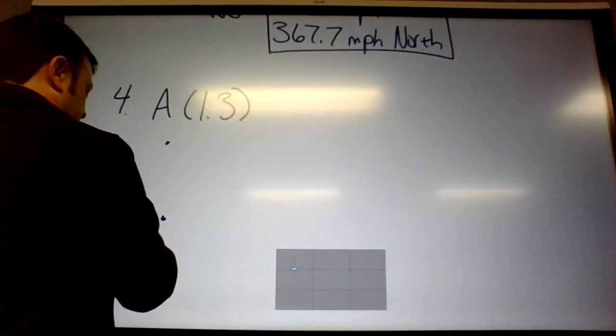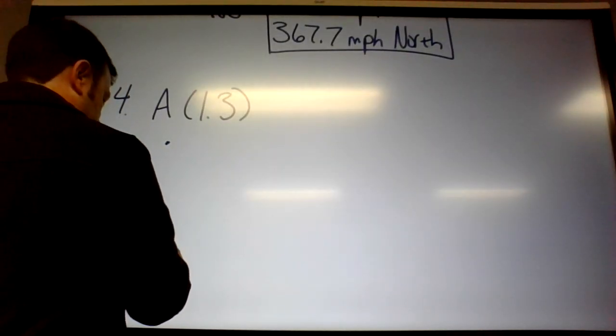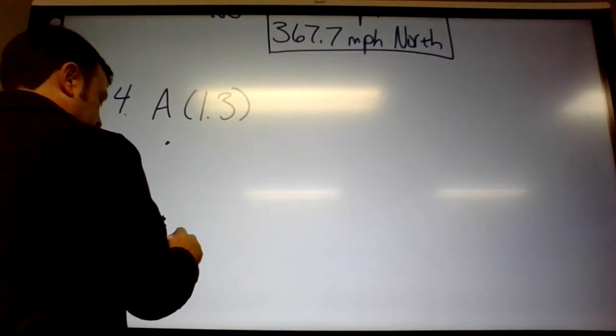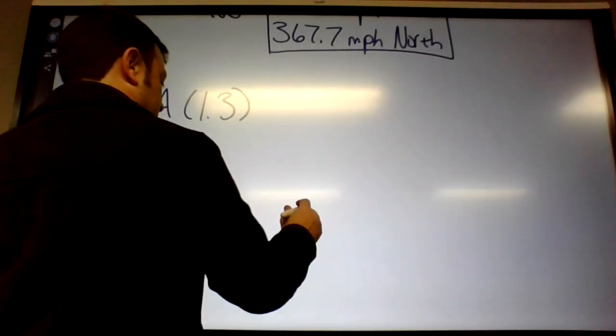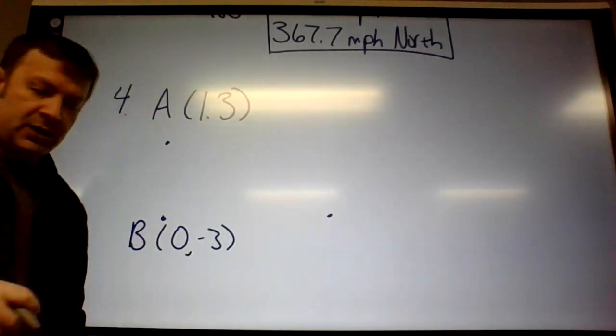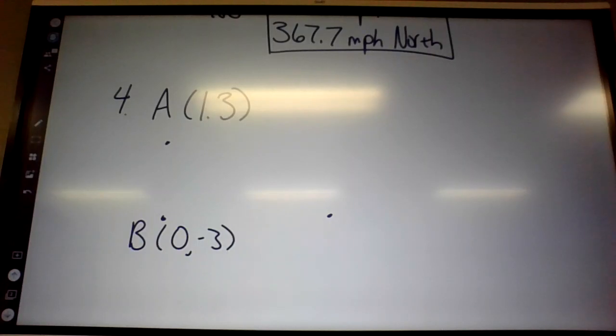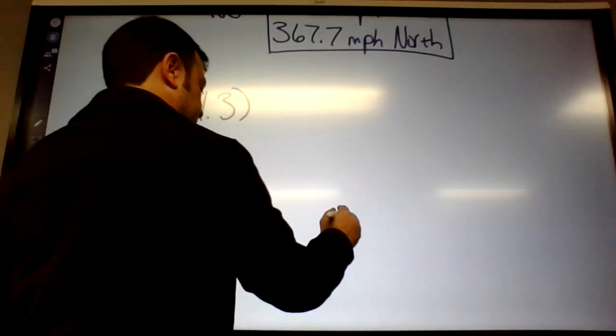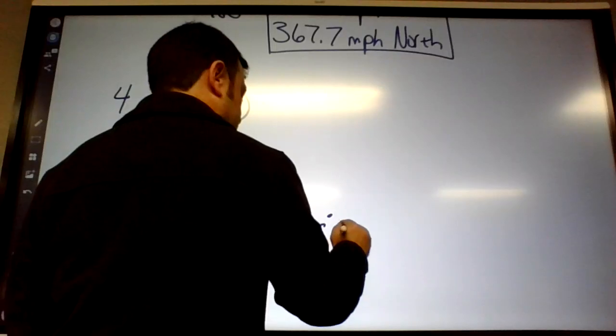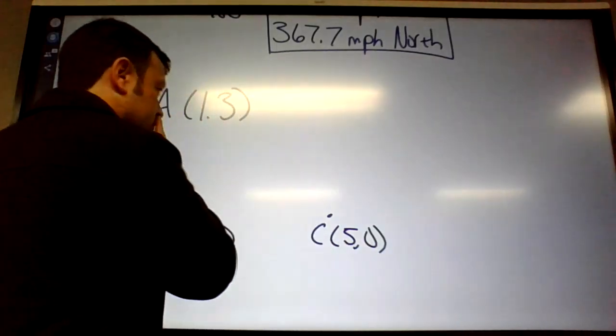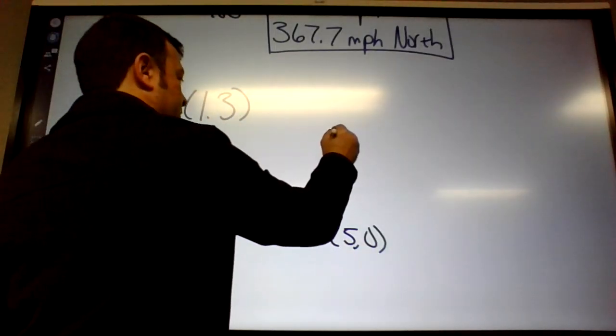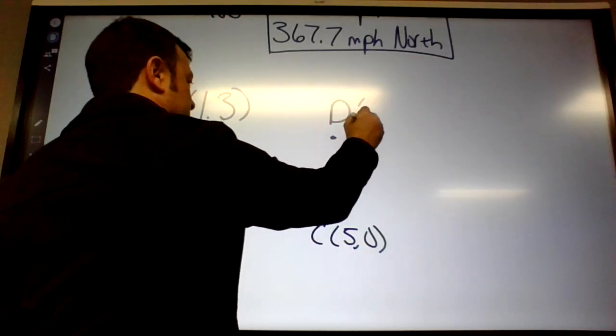The picture doesn't really matter, but it will help us visualize what's going on. I'm just making this up here. C is (5, 0). And they ask for the coordinates of D.